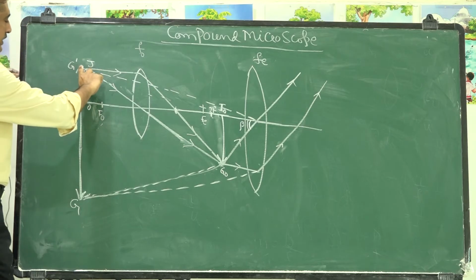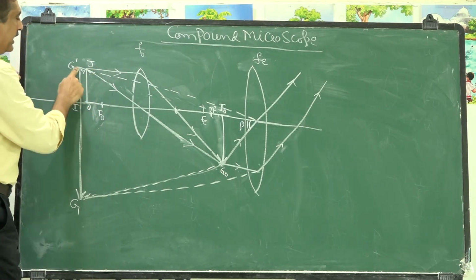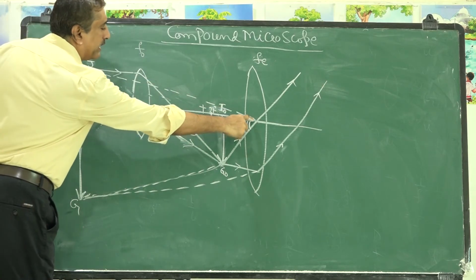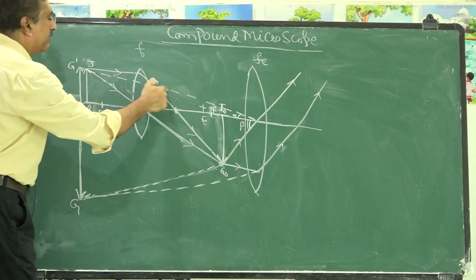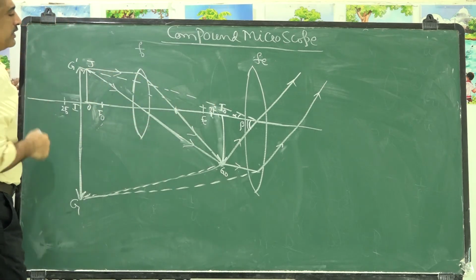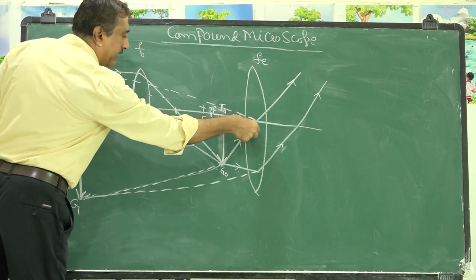In this position, the angle subtended at the eye by the object is alpha, denoted by these dotted lines, and the angle subtended by the image at the eye is this beta.